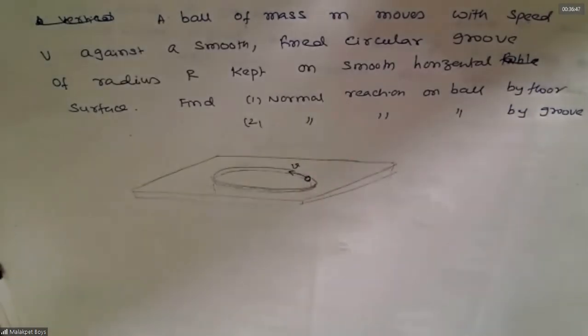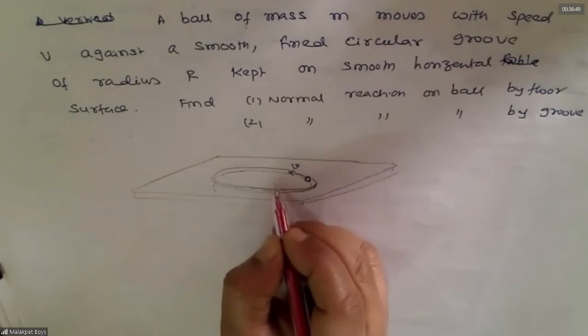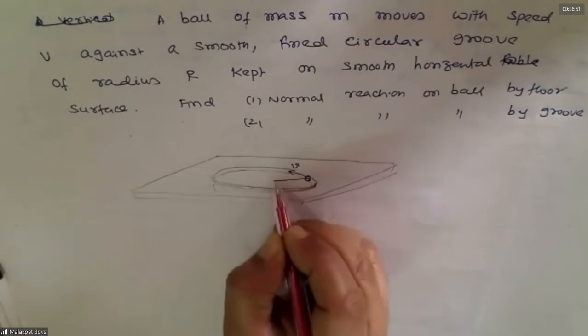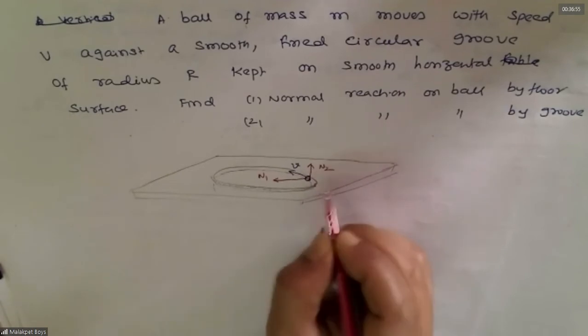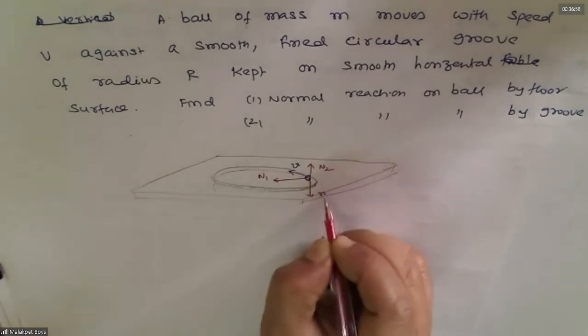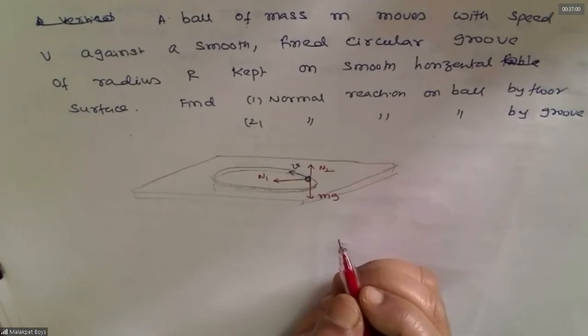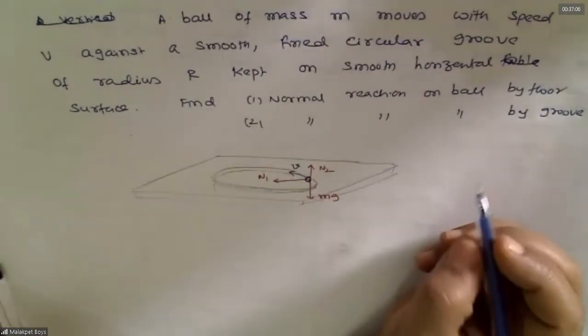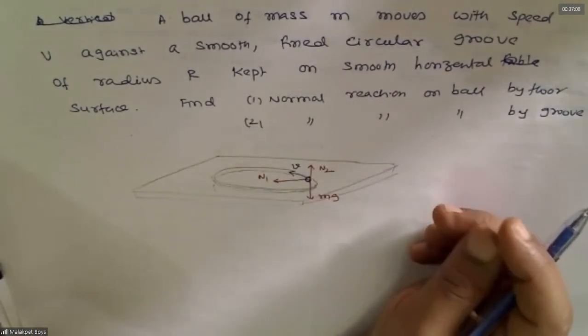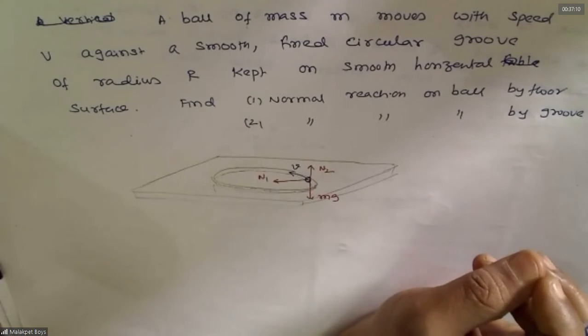Now can you tell what are the forces on this? One is a normal reaction, N1. Another one is mg. Any other force? Centripetal force? I am telling you that centripetal force is not a new force.